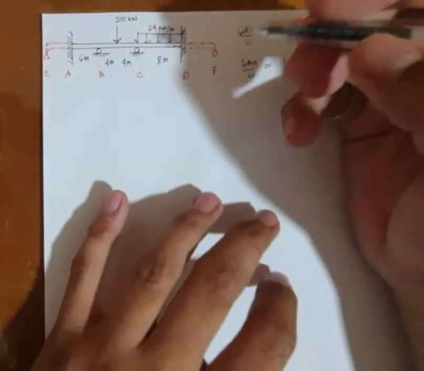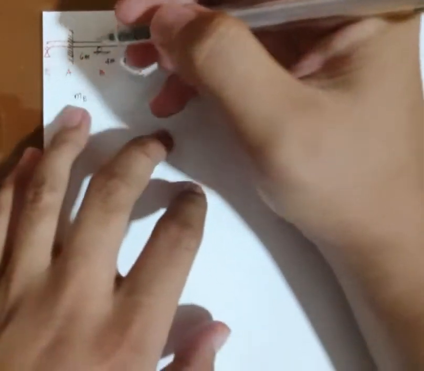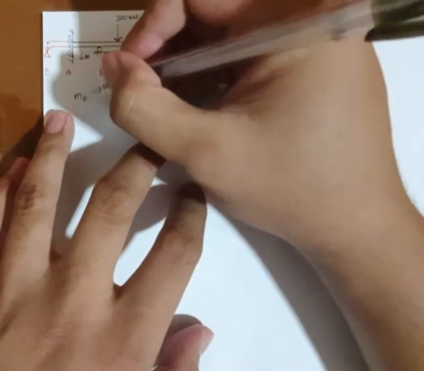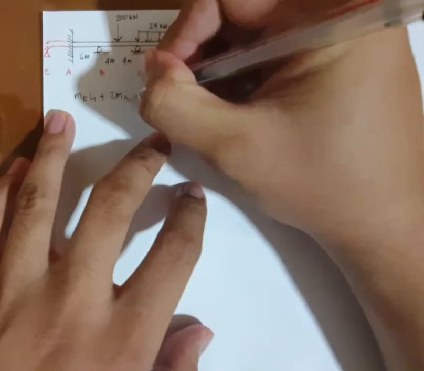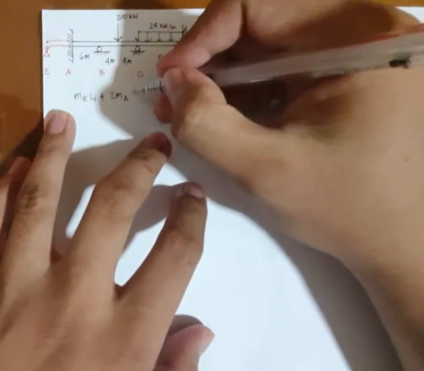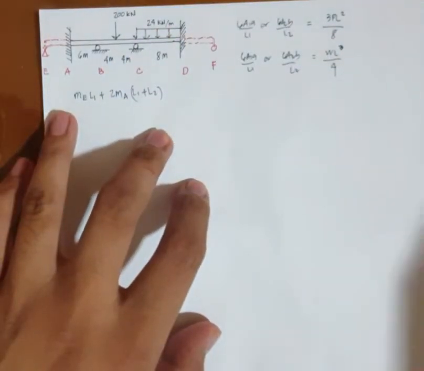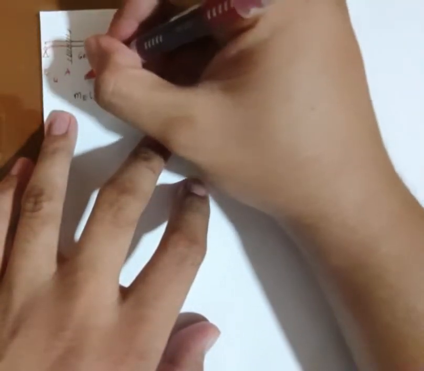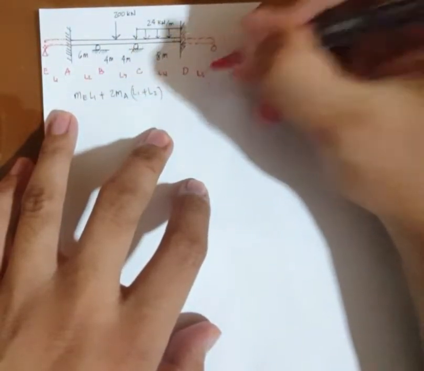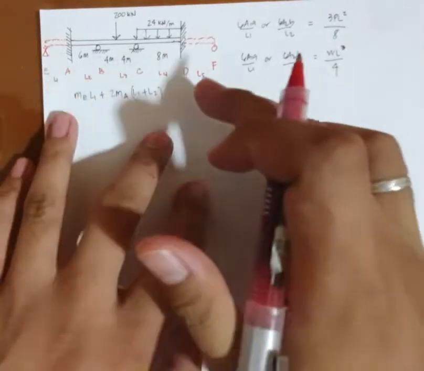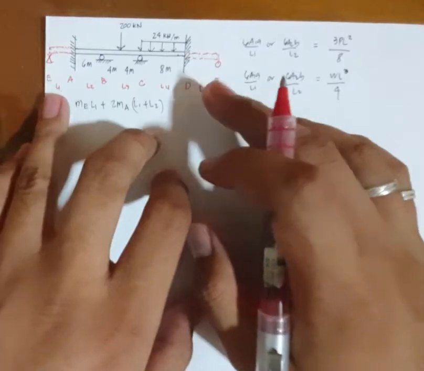The first equation we get is ME L1 plus 2MA times (L1 plus L2), in which L1 and L5 are both 0.